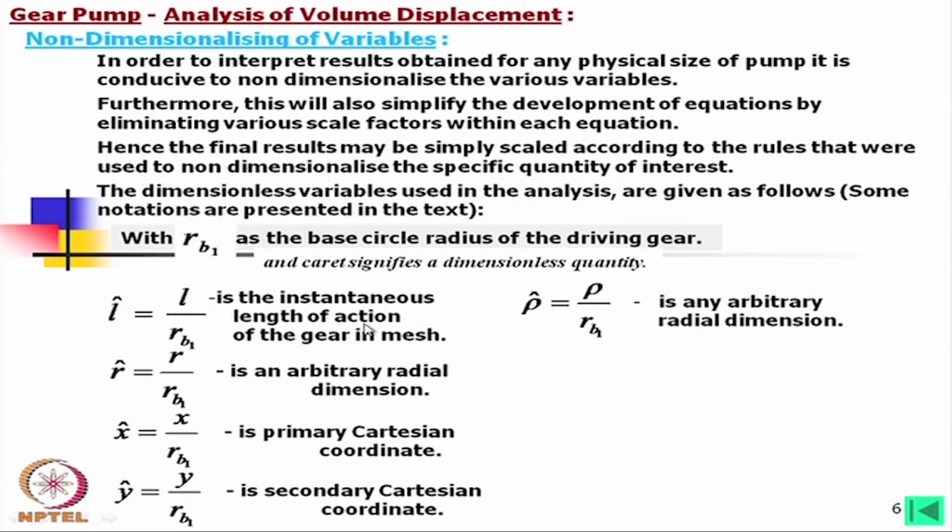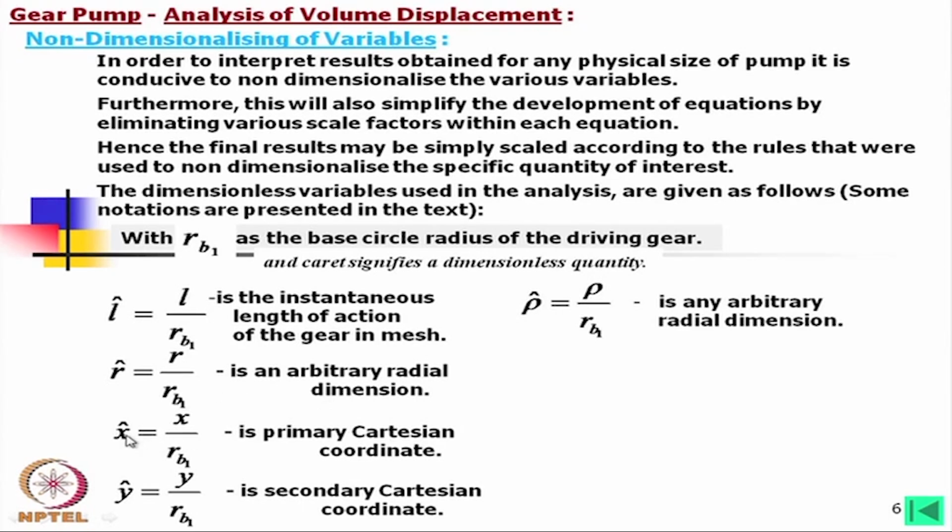I will explain this again with a figure of the gears. Non-dimensional, with this caret or hat, means L divided by RB1 is the non-dimensional parameter. Similarly, R is an arbitrary radial dimension, and this is also divided by the same base circle radius.